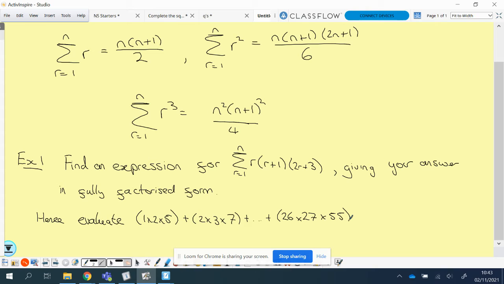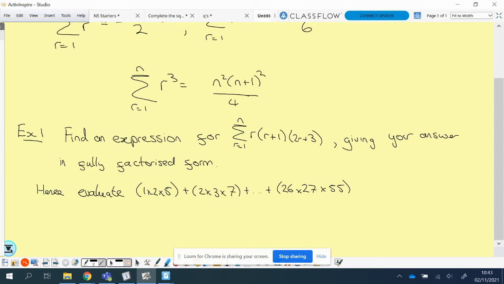So once we get our answer for the first part, we're going to try and use our answer to find an evaluation of what that list of numbers would add up to if we added them. So that's our question.